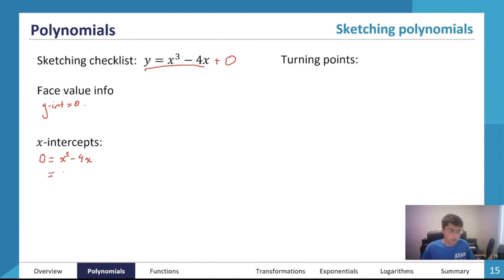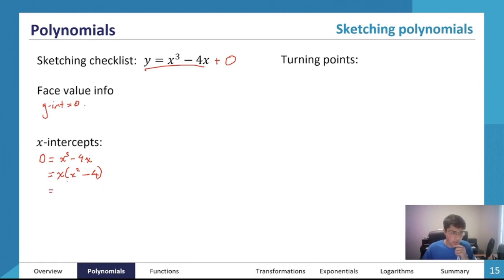In this case, we don't have to resort to the rational root theorem and the factor theorem, but we'll go into that a little bit later. We can see a common factor between these two terms is x, so we can factor that out. We'll write x out the front here, and then here goes x squared, because x times x squared is x cubed. And then here we write minus 4, because negative 4 times x will give us negative 4x.